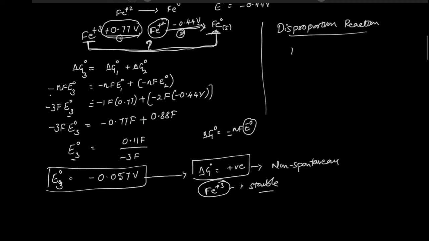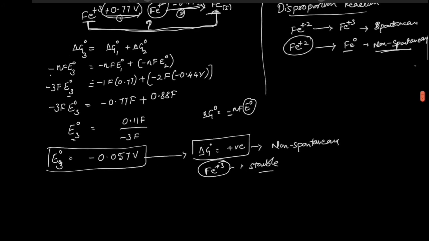That means Fe plus 2 to Fe plus 3 is spontaneous, and Fe plus 2 to Fe0 is non-spontaneous because of the negative value of E naught. You can study the disproportionation reactions, spontaneity, and thermodynamic stability, and we can identify the good oxidizing agent and reducing agent.